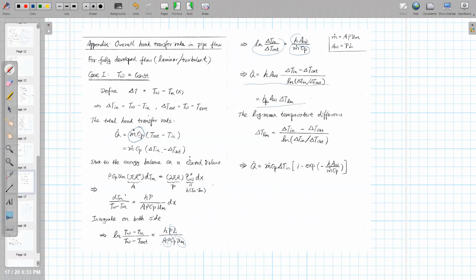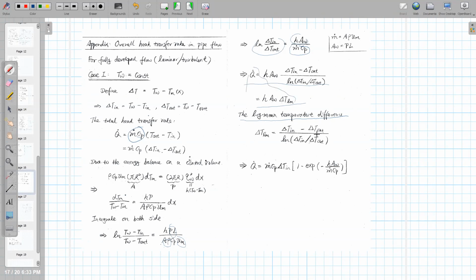So Q dot will be h times A_w times delta T_lm, and this delta T_lm is the so-called log mean temperature difference. It is defined as delta T in minus delta T out, divided by ln of delta T in over delta T out. This is the way you can calculate Q dot.